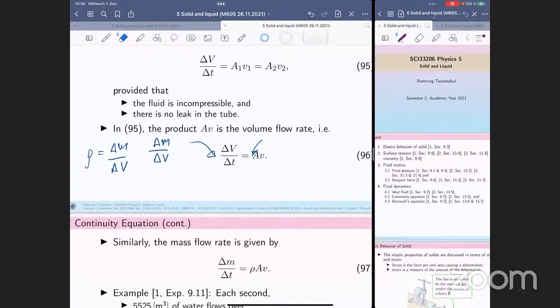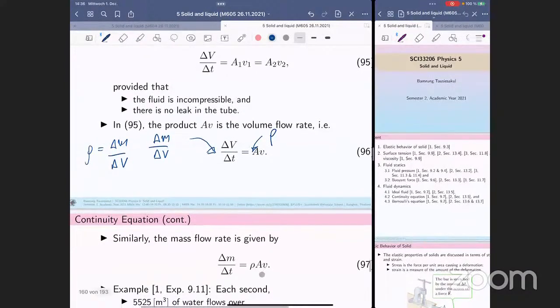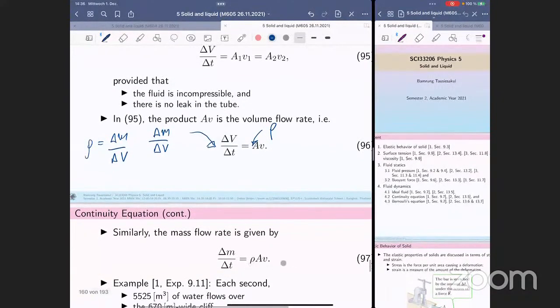The delta V cancel each other, and you get delta m by delta t on the left, and rho A v on the right hand side.